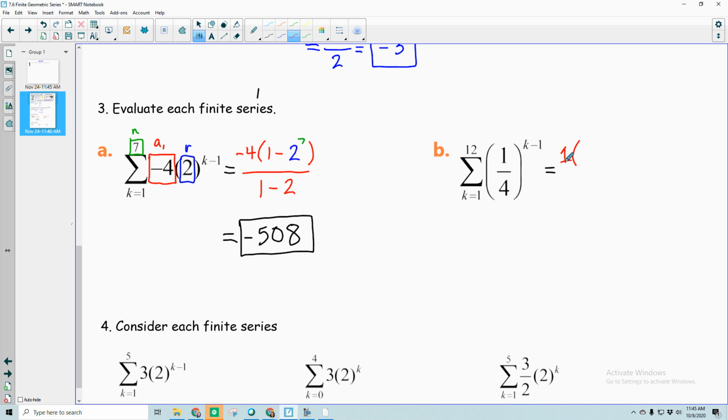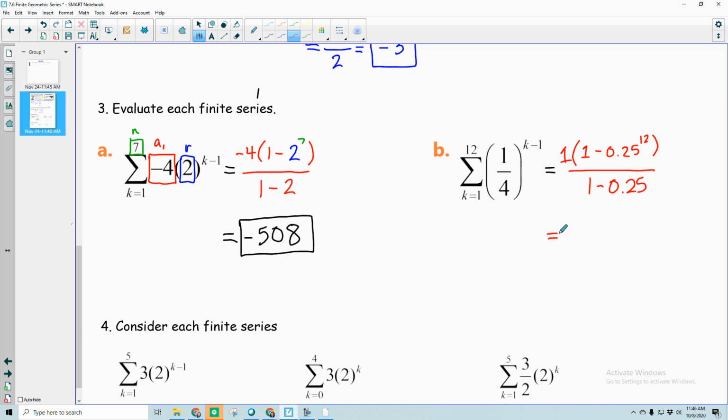All right, so that's the first term, and then I have 1 minus the common ratio, and that's this 1/4 right here inside the parentheses. I'm going to change that to a decimal, so that'll be 0.25. And then that is to the power of 12. And that is all over 1 minus 0.25.